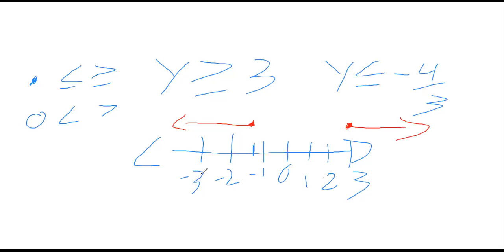So let's do one more. We have the absolute value of 2x plus 3 is less than 5.